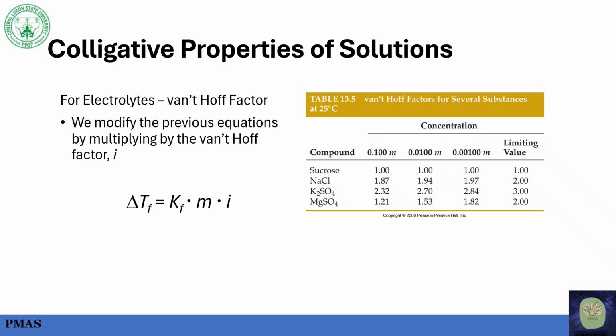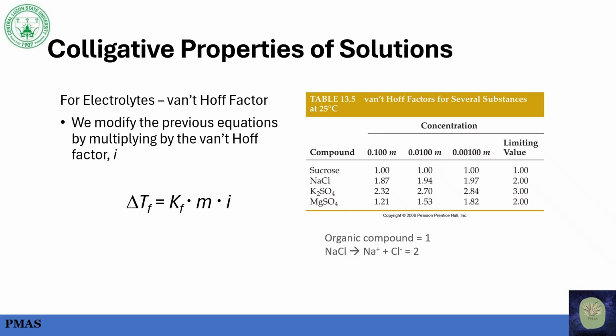So now how do we get the value of the Van't Hoff factor? For example, if we have an organic or non-polar compound, or non-ionic compound, we have the value as 1, for example, sucrose. Next, for NaCl, since it produces two ions, one sodium and one chloride, the Van't Hoff factor is 2.